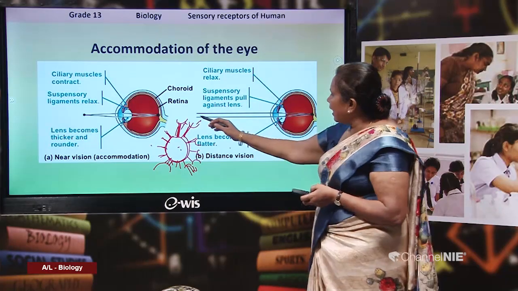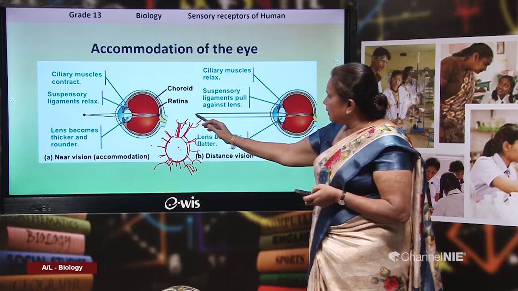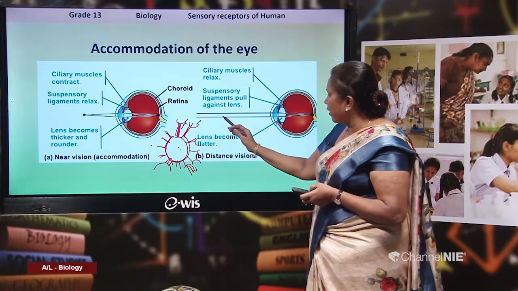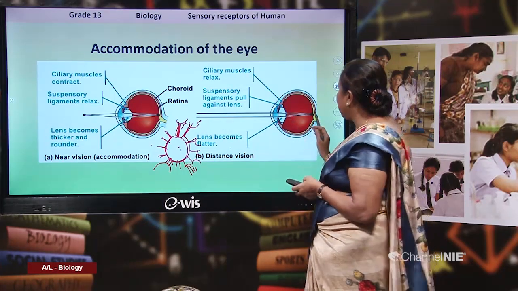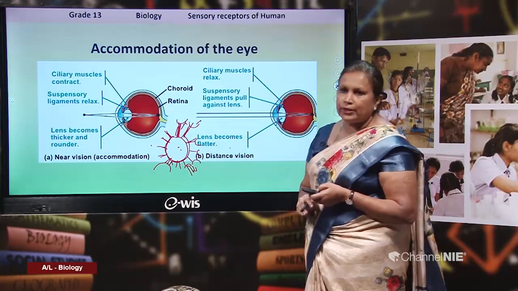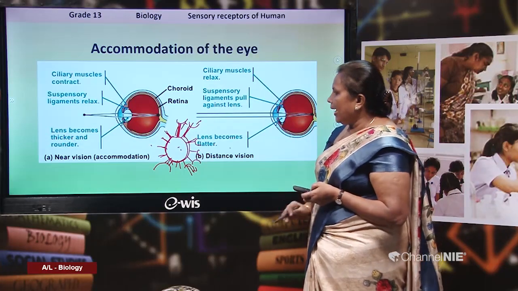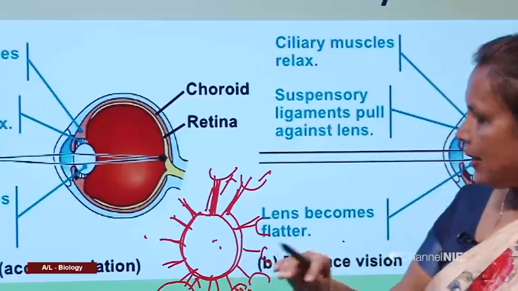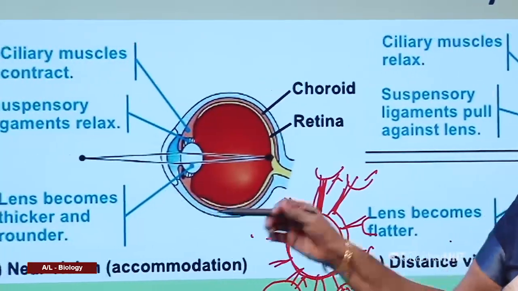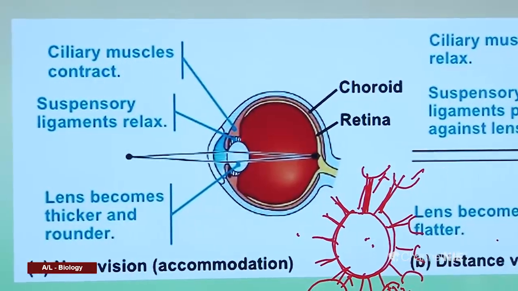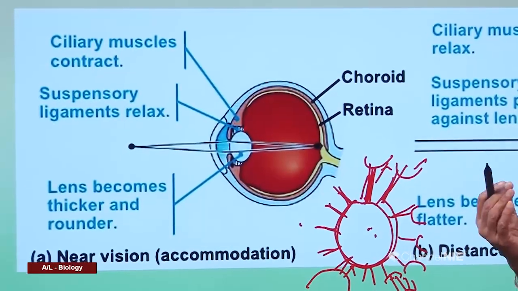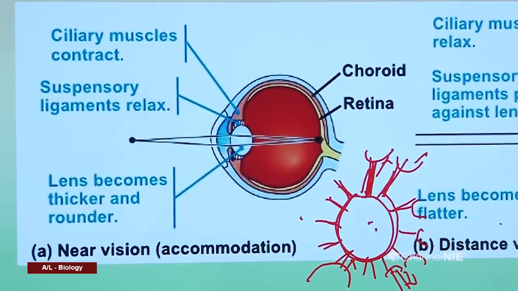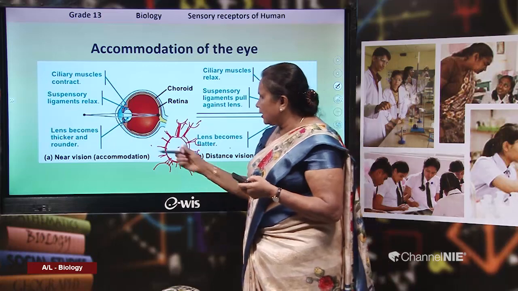So that is how the light rays coming from the distant object are focused onto the retina. And here what happens, due to the lens becoming thicker and rounder, more refractions occur.